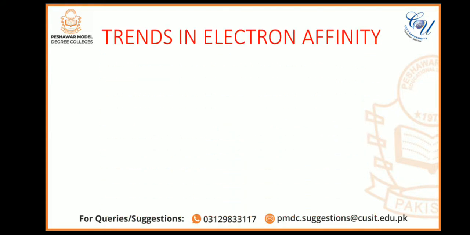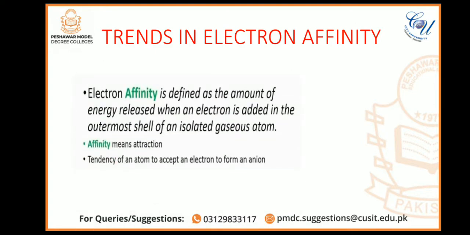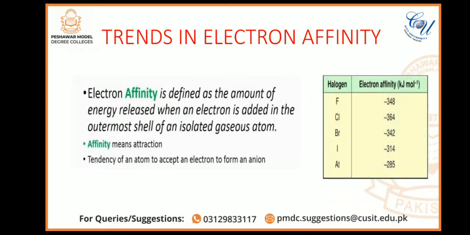Next, we will discuss trends in electron affinity. Electron affinity is defined as the amount of energy released when an electron is added to the outermost shell of an isolated gaseous atom. Here you can see the electron affinity of halogens.